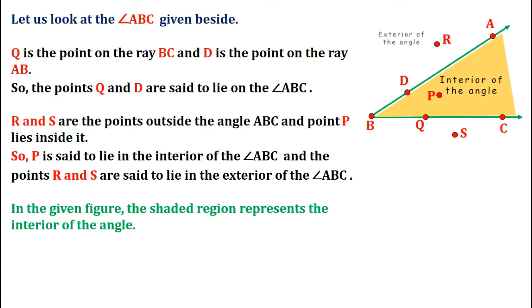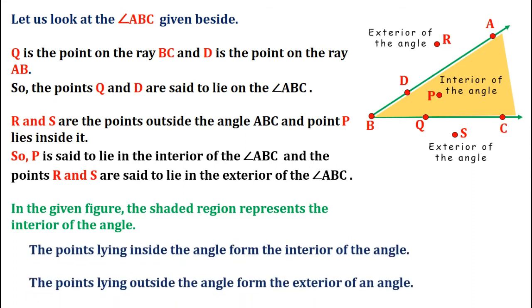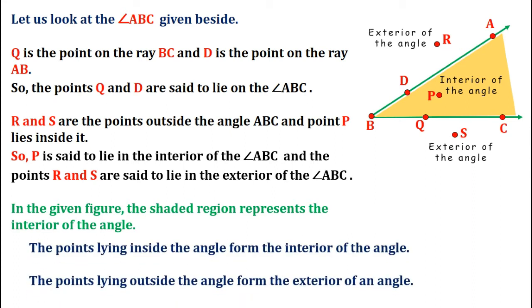The region located outside the angle is said to be the exterior of an angle. So, we should remember that the points lying inside the angle, for example point P, form the interior of the angle, and the points lying outside the angle, for example point R and point S, form the exterior of an angle.